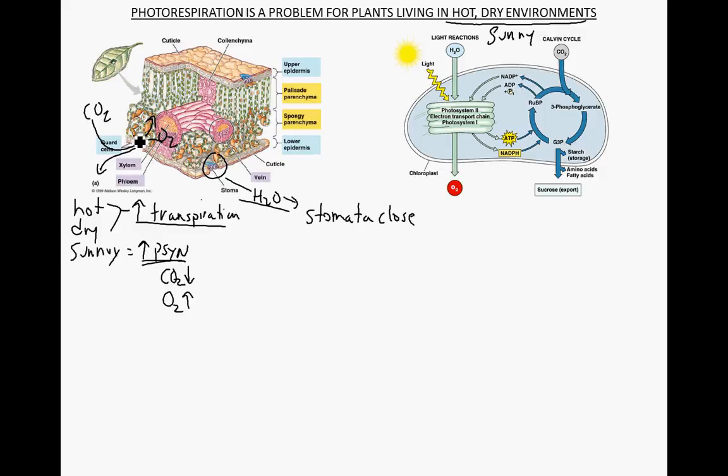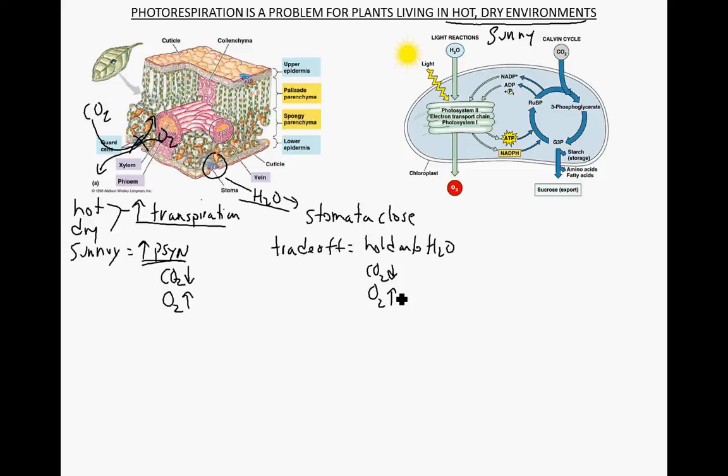But with those stomata closed, you're not having this situation going on here. So there's a trade-off, right? There's a trade-off for these plants, is that they hold on to water, limiting transpiration with the closed stomata, but then their CO2 levels continue to go down and O2 levels continue to go up when it's sunny out.